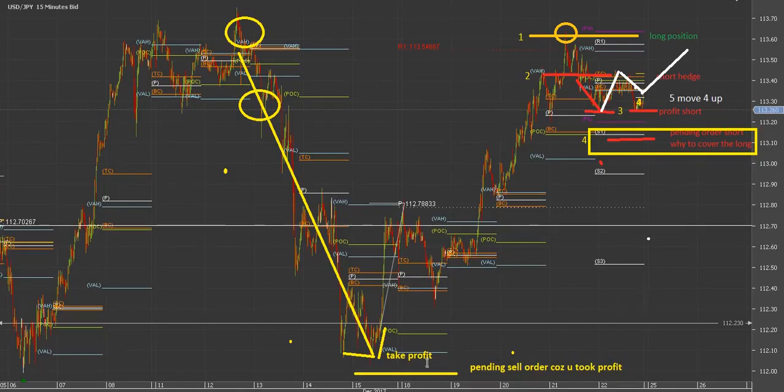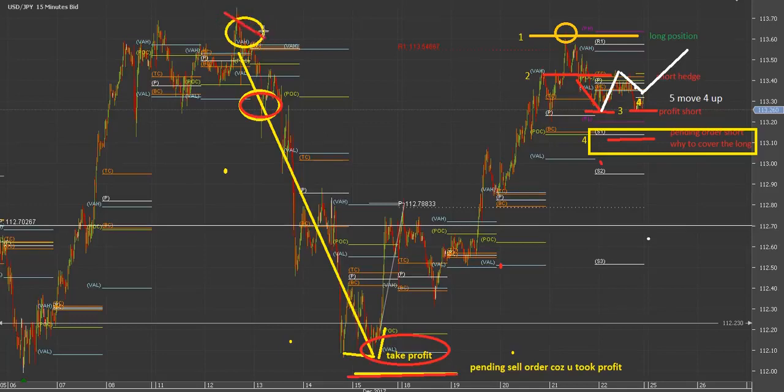So you put a pending sell order at limit, because you took profit, right? So there's your pending sell.